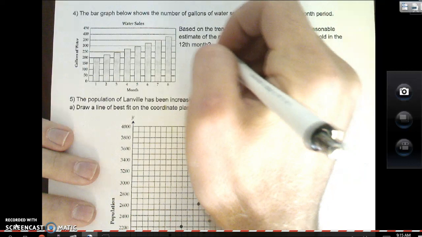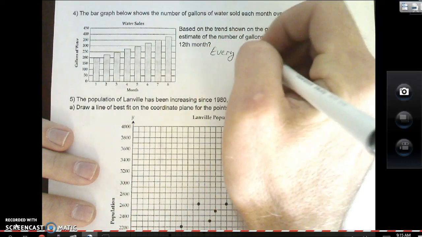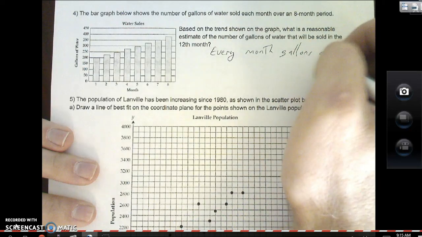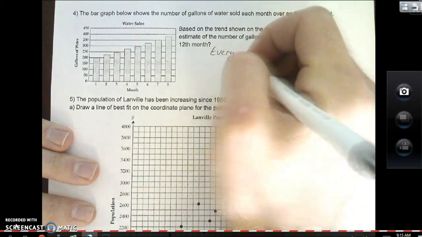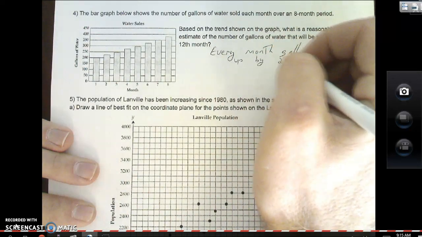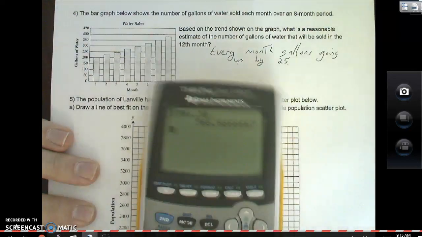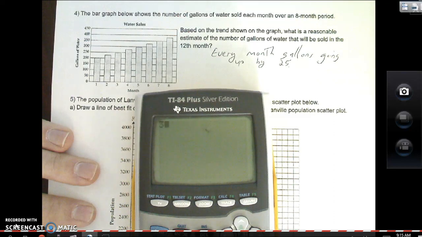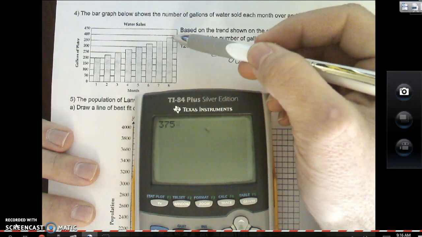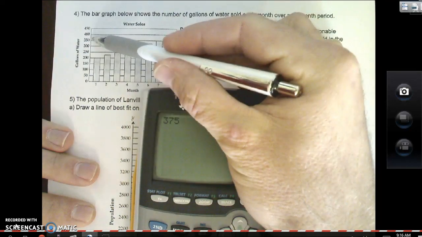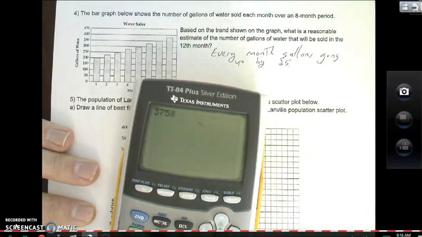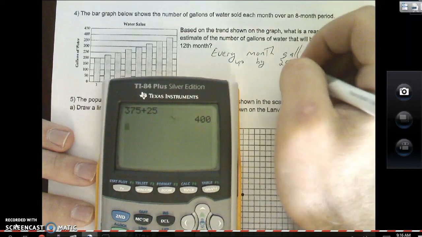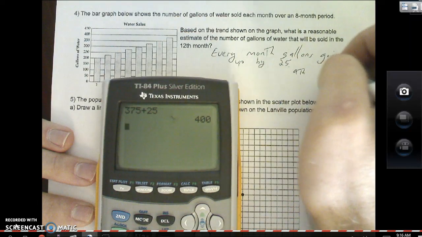So every month, gallons going up by 25. So let's do the easier way here. At the 8th month, I have 375 gallons. How did I do that? I went straight across to 375. So the 9th month would be 400. Okay, so 9th, 400 gallons.